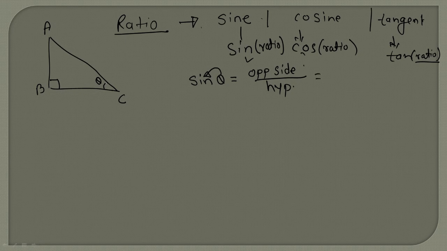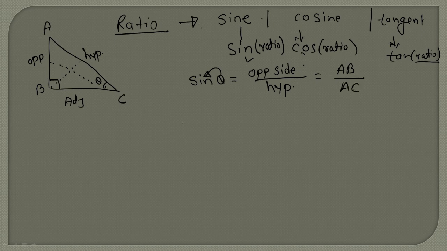Now tell me, for this theta, what is the opposite side? Opposite side is this one, AB, and this is the adjacent side, and the side opposite to 90 degrees is the hypotenuse. So for sine theta, the opposite side is AB and the hypotenuse is AC, right?